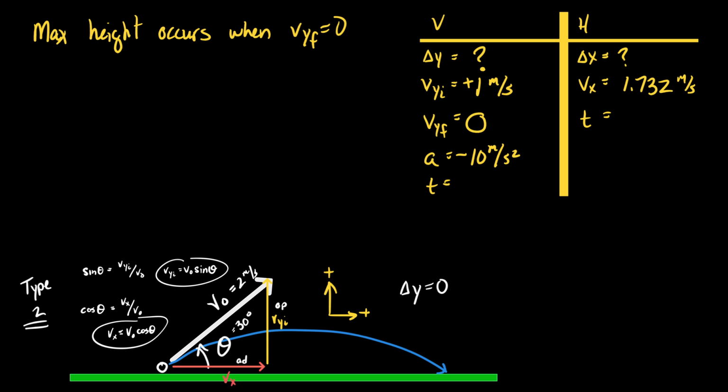But at this point, it's at its maximum height. So do you guys see the next thing that'll be? Just Vy final squared equals Vy initial squared plus 2a delta y. You guys see that that's going to be our next step, our next thing to do? But remember, it's a different question because we're talking about halfway through the motion, not the whole motion. All right.